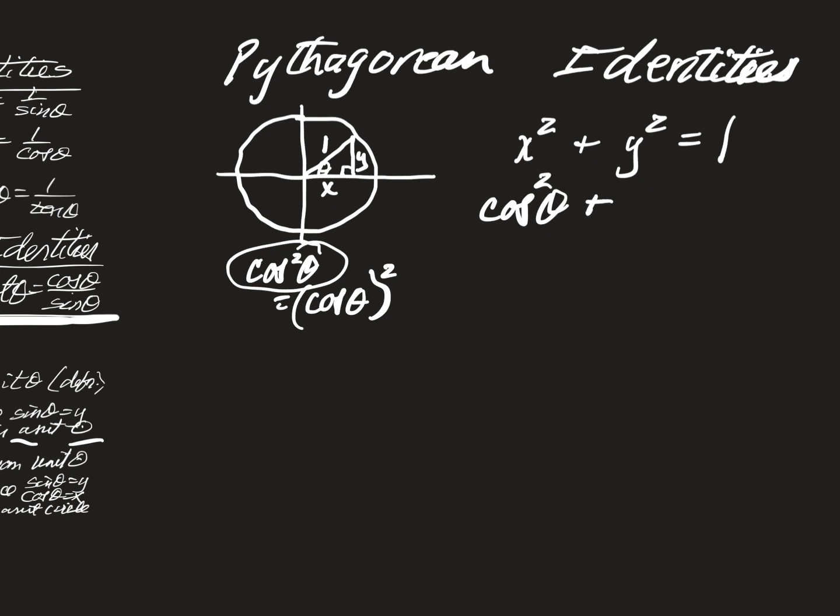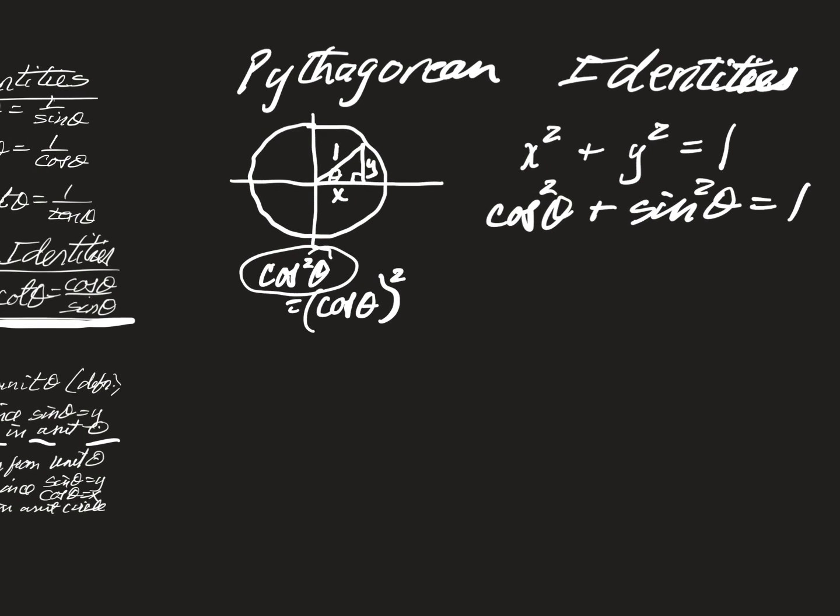And then this becomes, since y is equal to sine theta, we can write sine squared theta equals 1. And so we have a reason for this, since cosine theta equals x and sine theta equals y. All right?